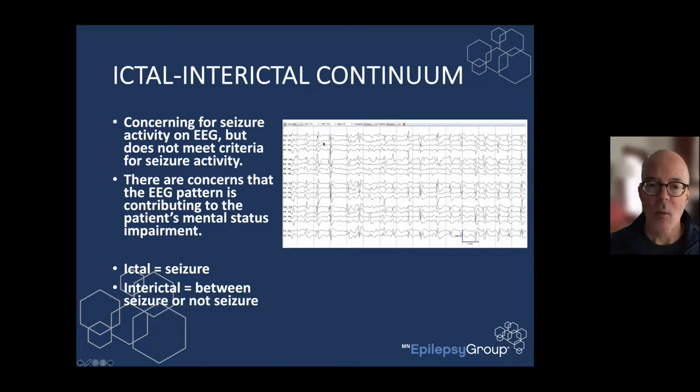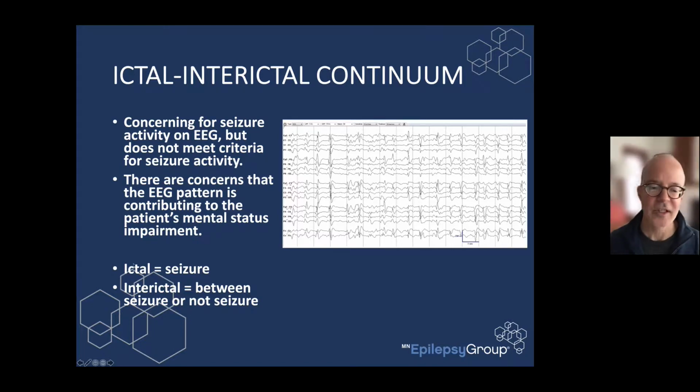What the continuum is, is that it doesn't meet the strict criteria for electrographic seizure, but there are concerns that the spikes are frequent enough that they could be having an effect on the patient. Even though it doesn't meet all the criteria for seizure activity, the epileptiform activity could be having an effect on the patient that could have the same ramifications.